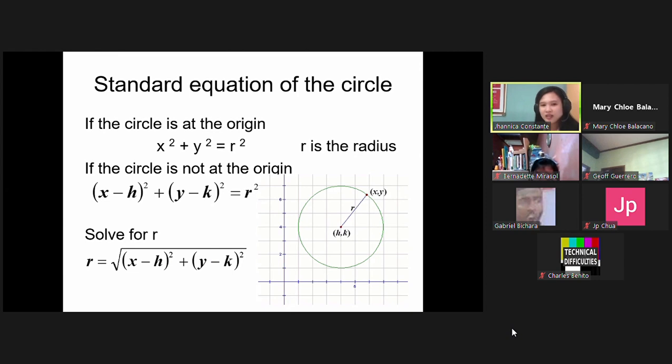Later. You can submit it later. I'm going to assign it in your atlas. Okay na? Done copying the slide for the standard equation of our circle?